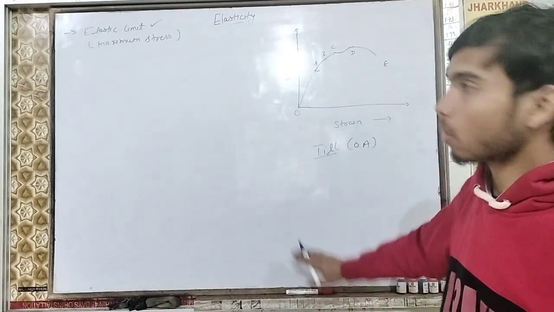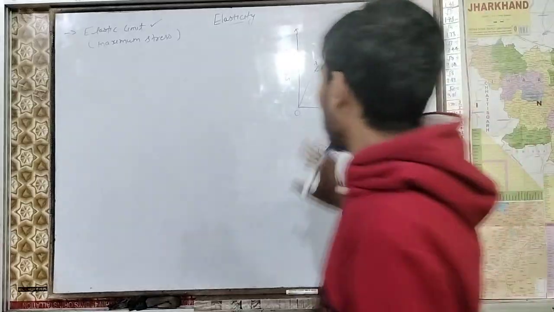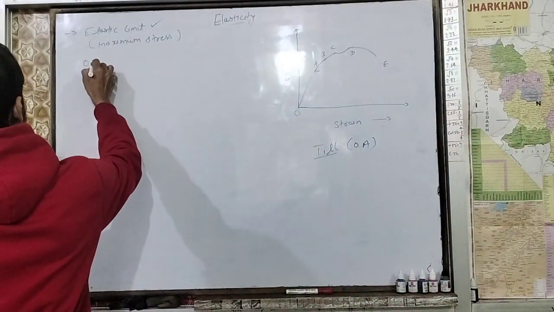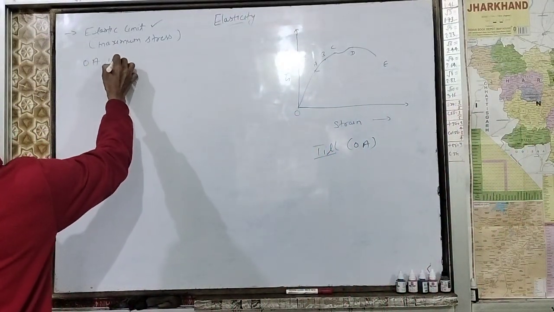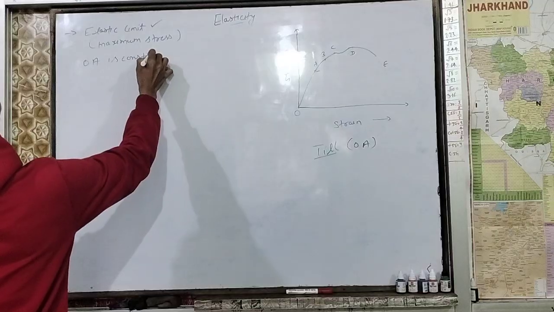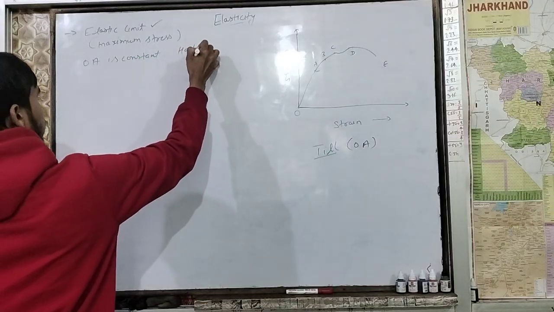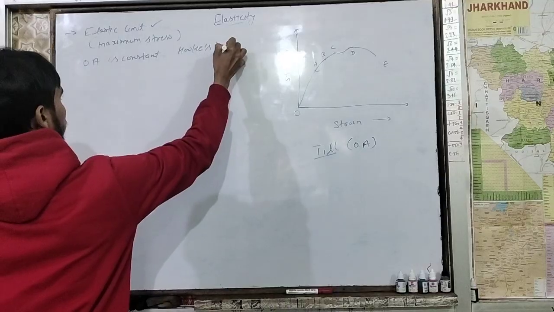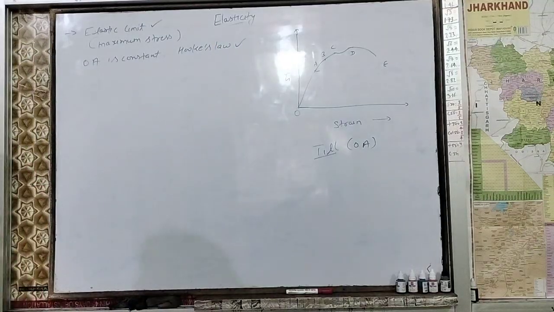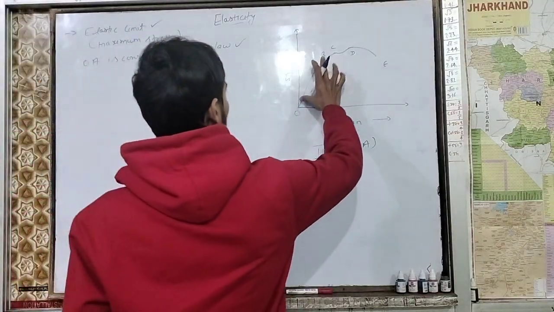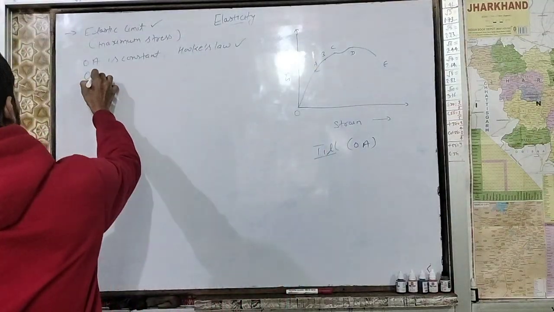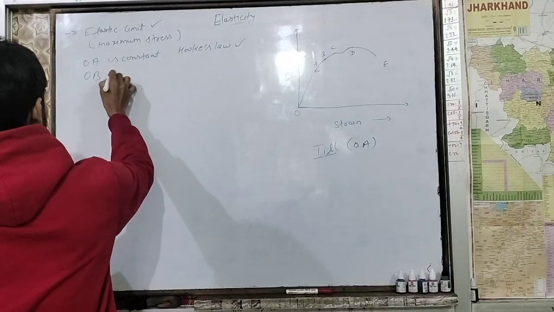Now let's see all these parts. O to A we know. O to A is constant, means Hooke's law is present over here. Next, OB. OB is the elastic limit.